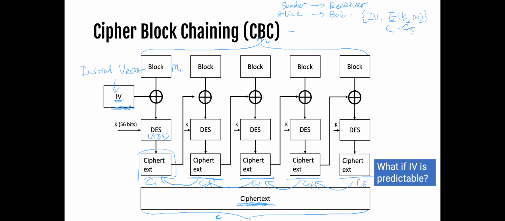So it first does a decryption using the key on C1, and then it does an XOR with IV. There's no subscript, just IV. And then you can get M1, right?